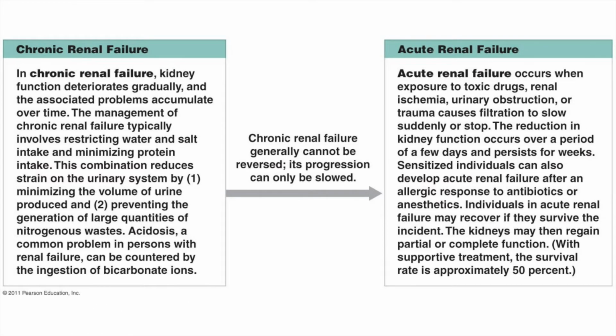Renal failure occurs when the kidneys are unable to perform the excretory functions needed to maintain homeostasis. Chronic renal failure is a gradual deterioration of kidney function. Acute renal failure is sudden and can be caused by drugs, lack of oxygen, or trauma to the kidneys.